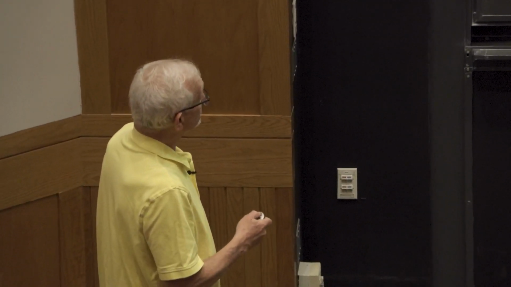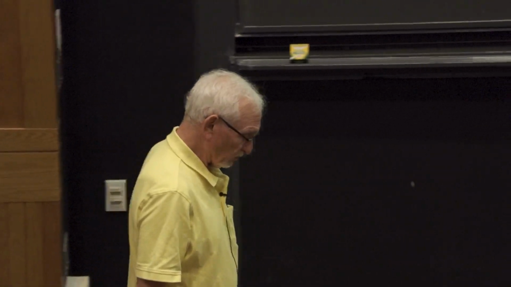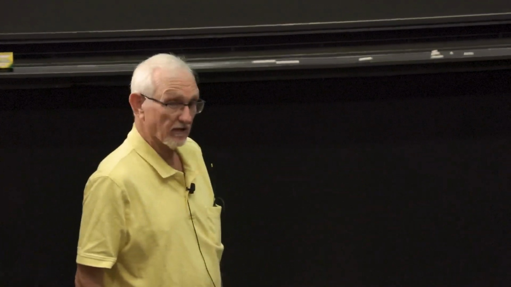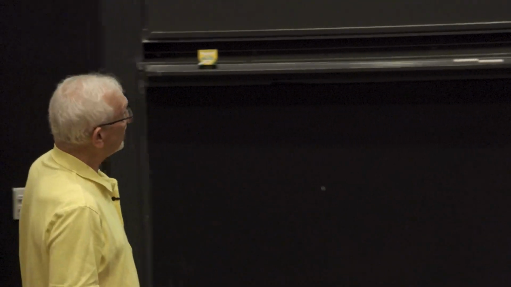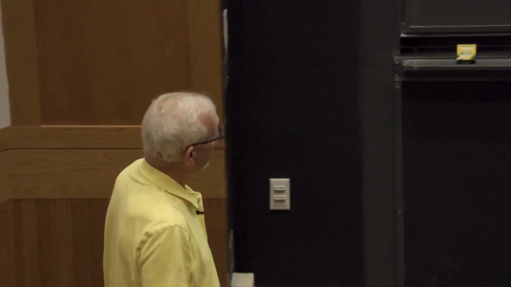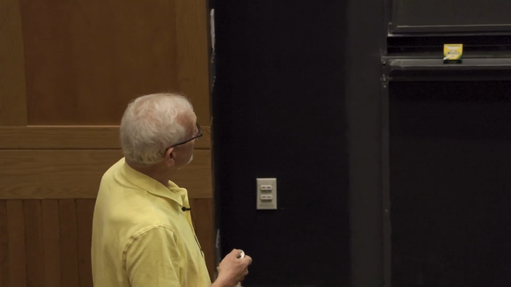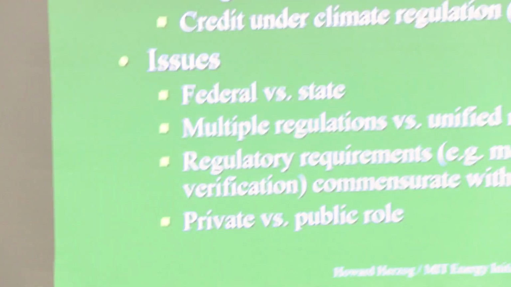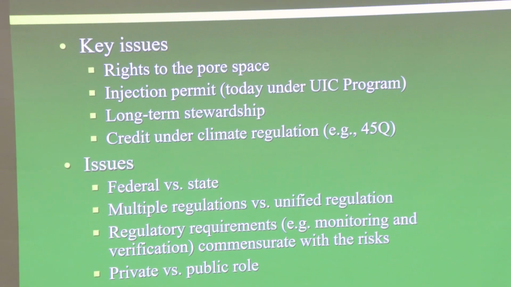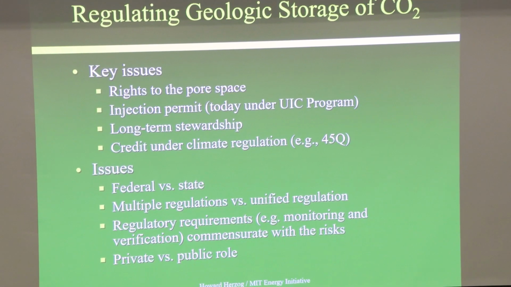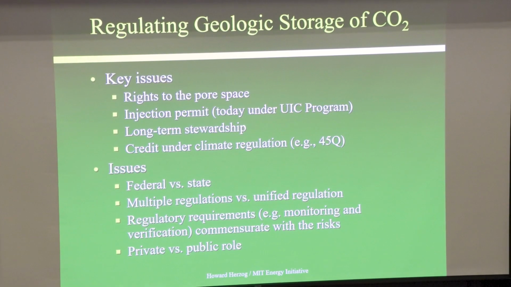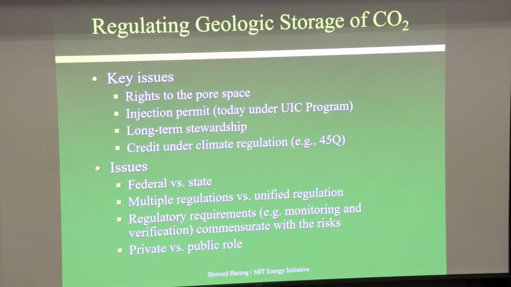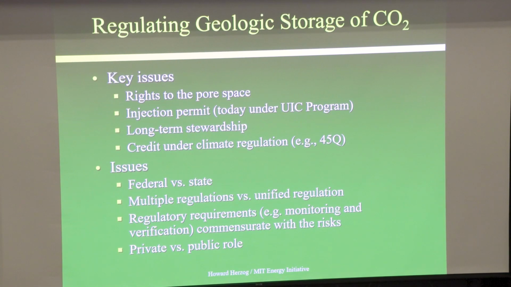And one of the issues here is federal versus state. The EPA has been notoriously slow on granting these Class 6 wells. There's several of them that have been granted. There's one in Illinois for the Decatur project, for instance. But under this program, a state can establish primacy. That means the state can actually issue the permit as long as their regulations are at least as strict as the EPA's regulations.